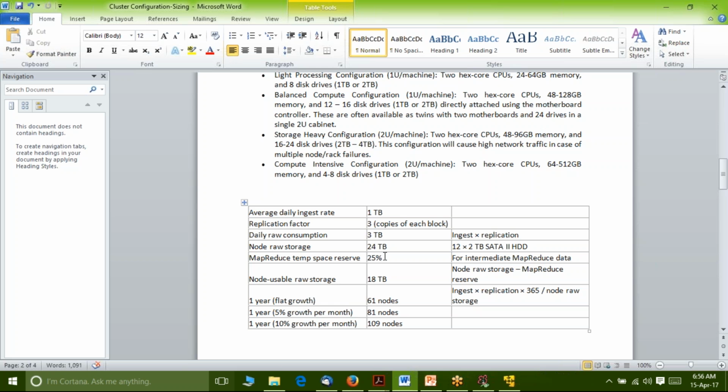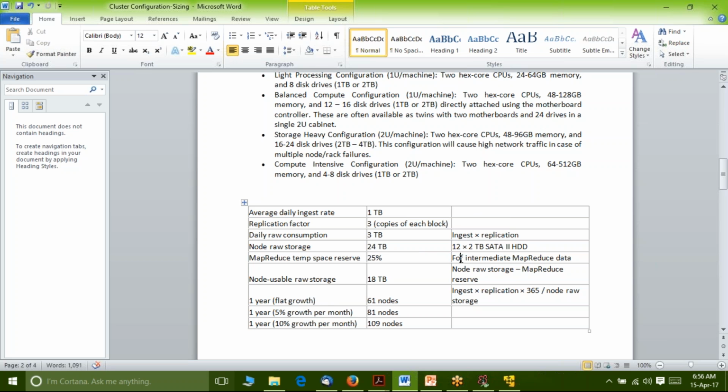So your node capacity is 24 TB. How did 24 TB come? 2 TB hard drives, 12 in number, give each node 24 TB. Out of which 25% is reserved for your MapReduce temp space for storing your intermediate data.